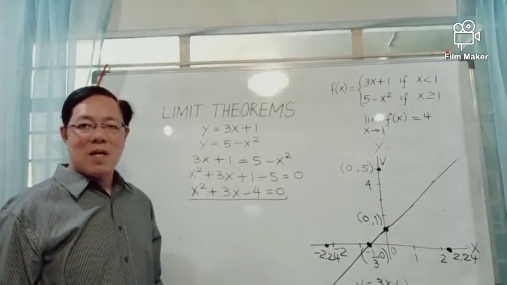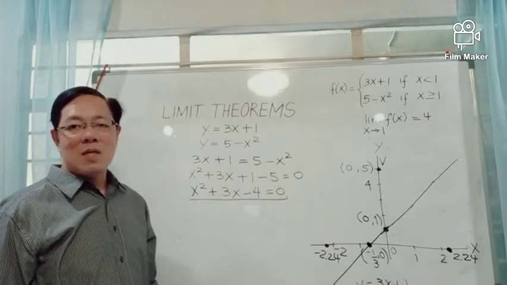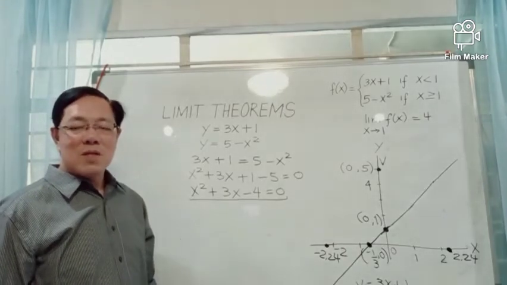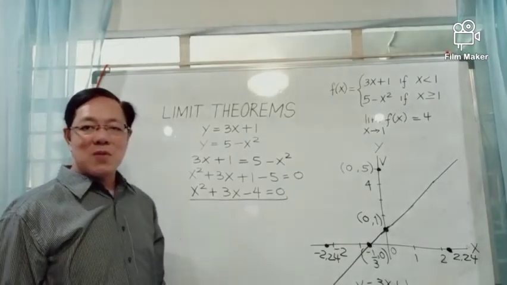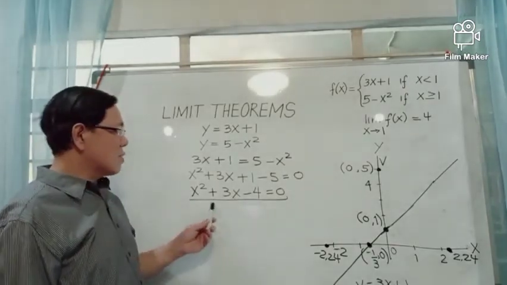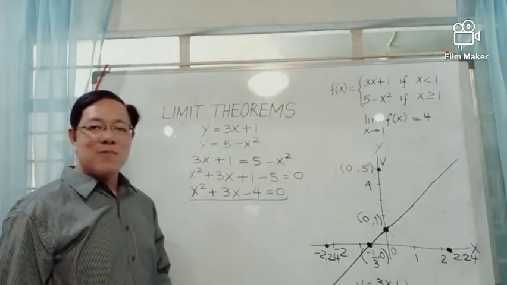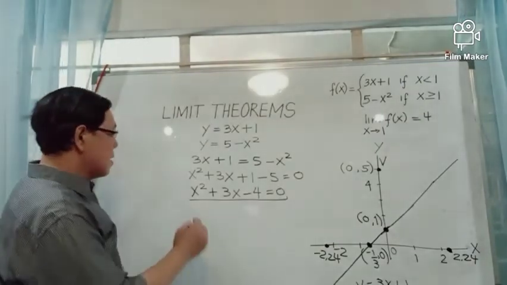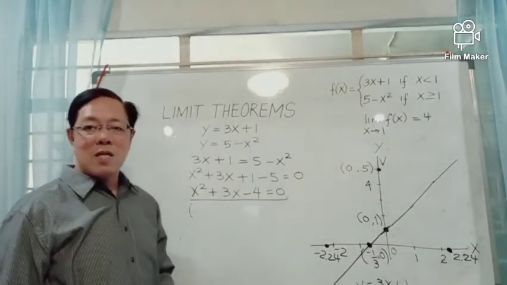But the simplest way is to use the method of factoring if the quadratic expression is factorable. This quadratic expression x squared plus 3x minus 4 is factorable. And for factoring, you may use trial and error.